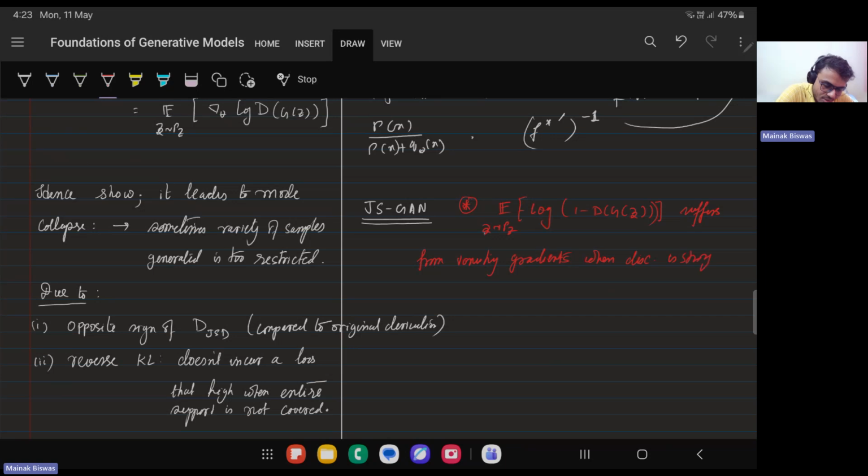And we have shown this multiple times in the previous session. And therefore, Goodfellow said that instead, optimize over z belonging to Pz, minus log of D of G of z.